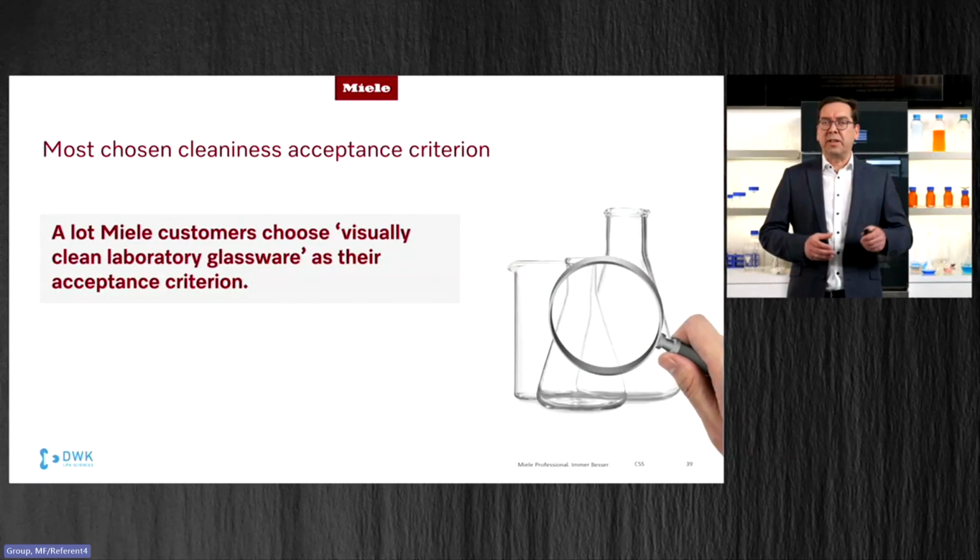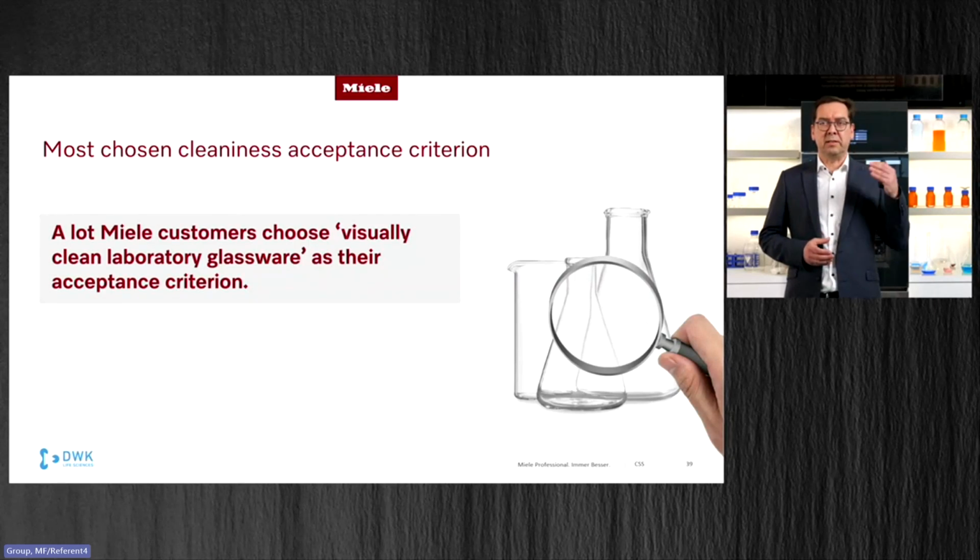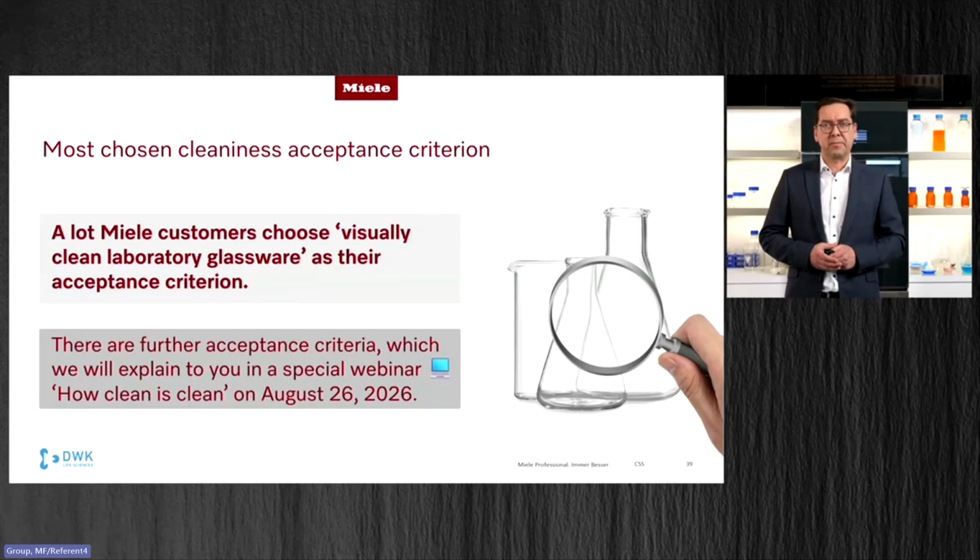What we can share today with you is our experience that a lot of Miele customers choose visually clean laboratory glassware as their acceptance criterion. So that's a very easy and cheap way to measure cleanliness, but it's very useful for most applications.